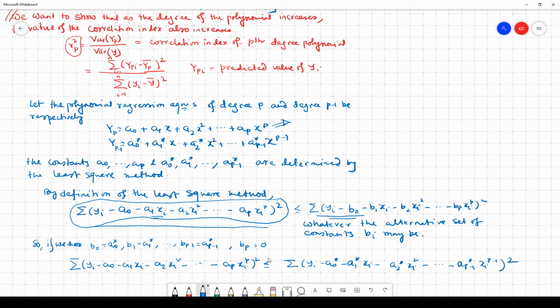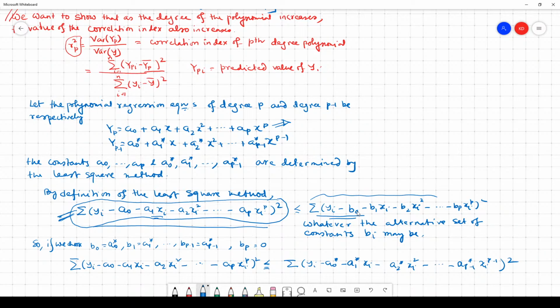If a0, a1, a2, ..., ap are the least square estimators, this means the left hand side sum of square should be less than or equal to the sum of square of the right hand side, where b0, b1, b2, ..., bp is any alternative choice. This is called the least square principle, because the solution minimizes the sum of squares.